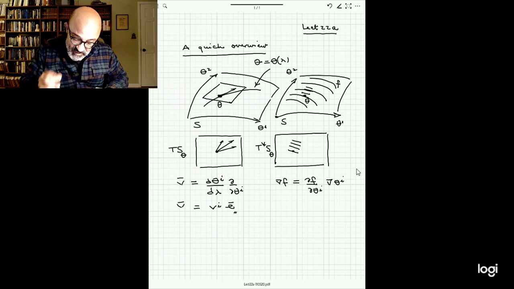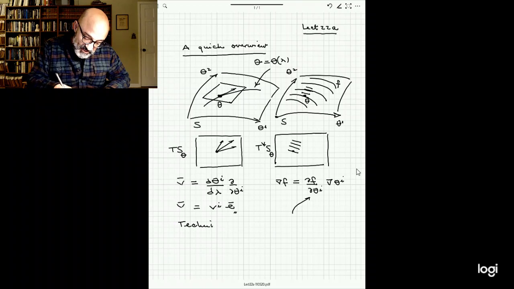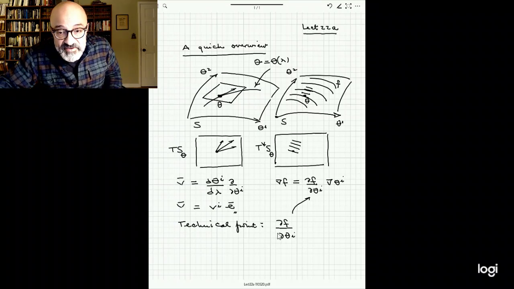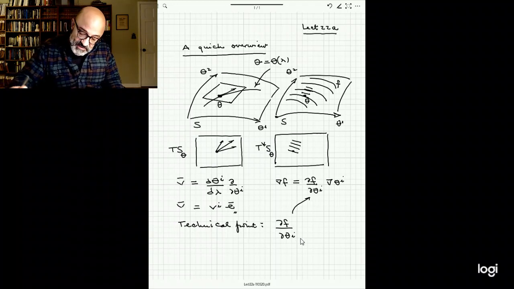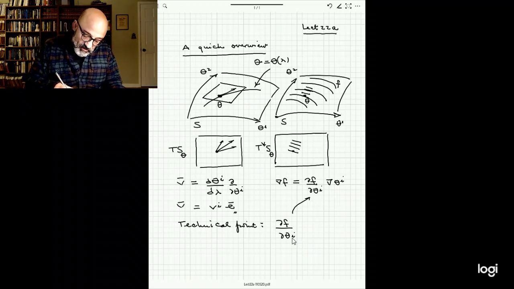Before we proceed, there is a technicality here that becomes important. So the following technical point is crucial. When we say partial derivative of f with respect to theta i, what we mean is you change theta i while keeping all the other thetas fixed.